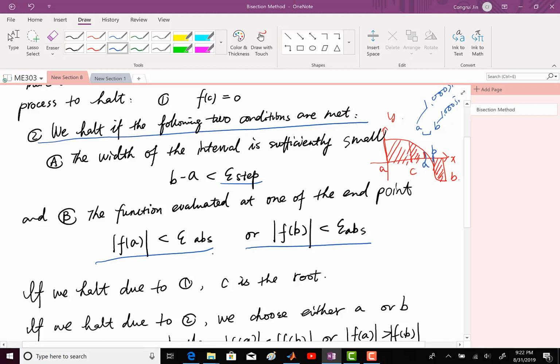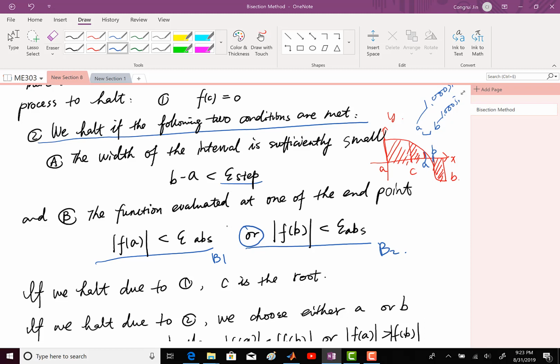If we call the first condition B1, this is condition B2. So condition B is that B1 or B2 is satisfied. You don't have to satisfy both of them; you just need to satisfy one of them.